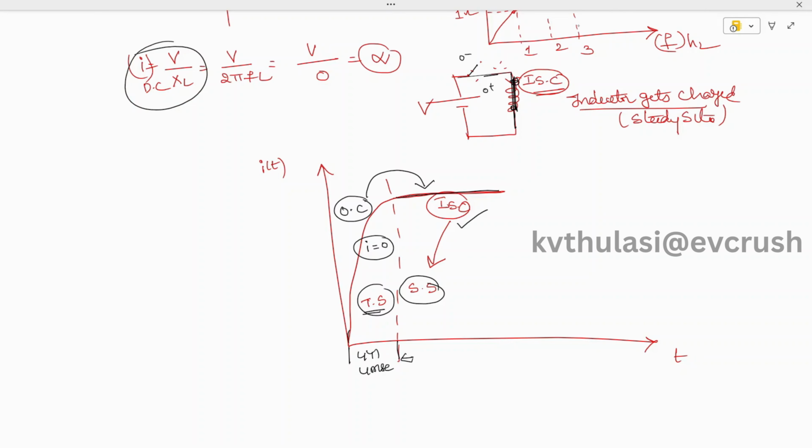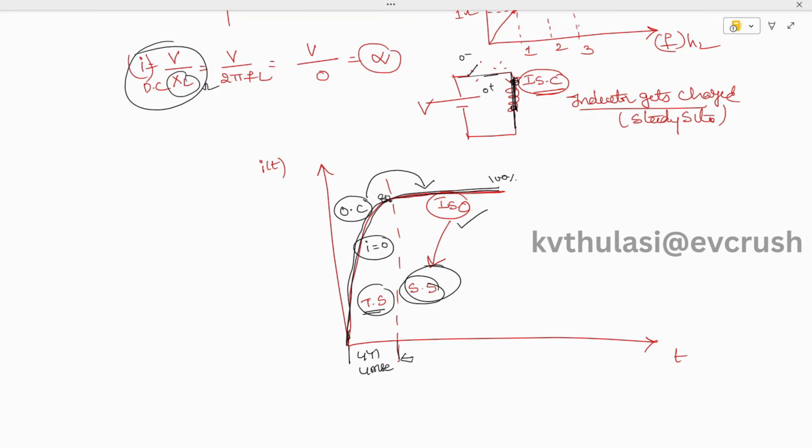In the case of AC supply, it directly offers the inductive reactance in ohms. The same behavior applies in AC supply: it charges and comes to the final state. Here the inductor gets 100% charge, and here it is 80 or 90 percent. The period of instantaneous charging is called the transient time or transient state. This period is called the steady state.